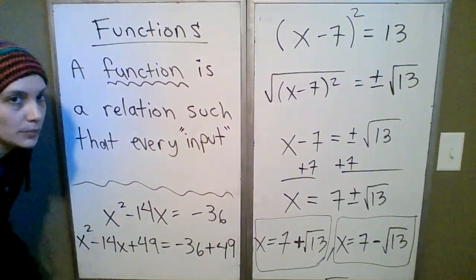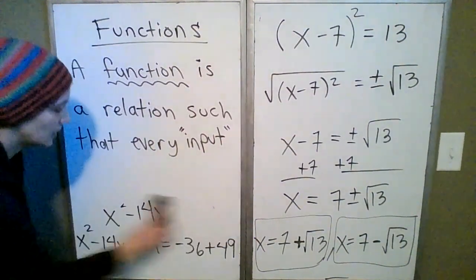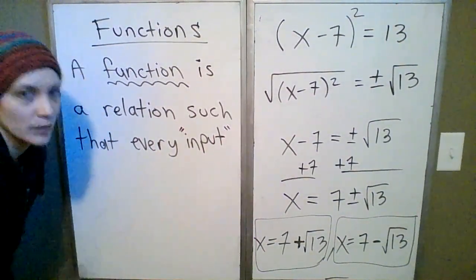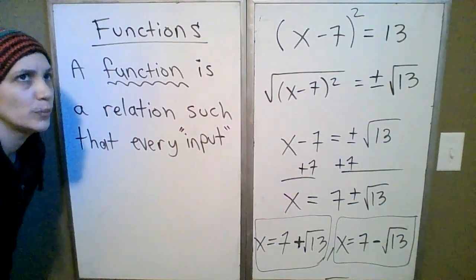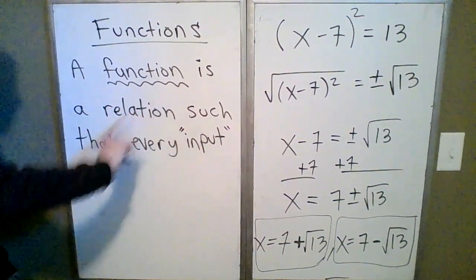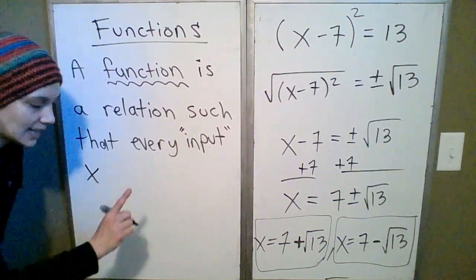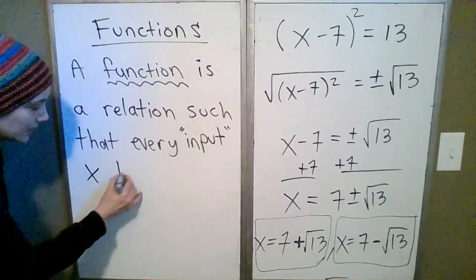Usually inputs are called x, otherwise you'll be told what your inputs are for your variable. We're going to call inputs x. A function is a relation such that every input x has exactly one output.